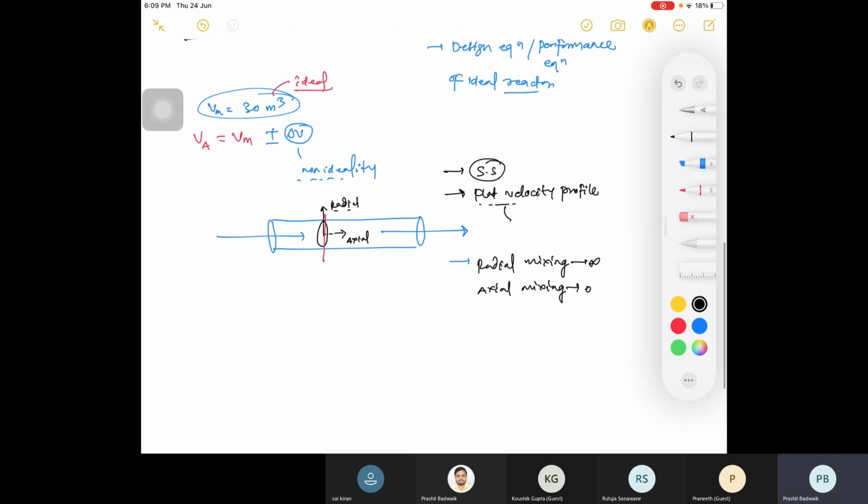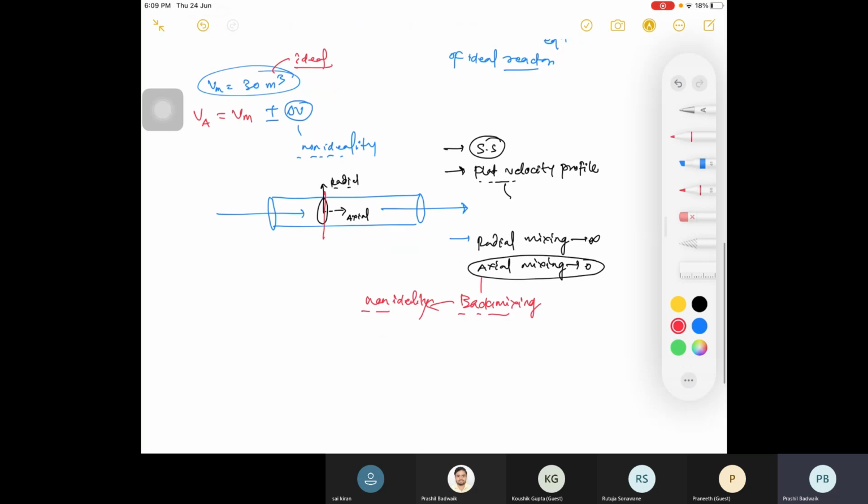So I'll say back mixing. This axial mixing can also be written as back mixing. So this back mixing could be a non-ideality, right? This can be non-ideality.